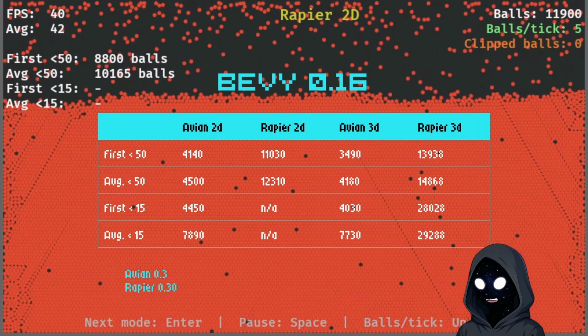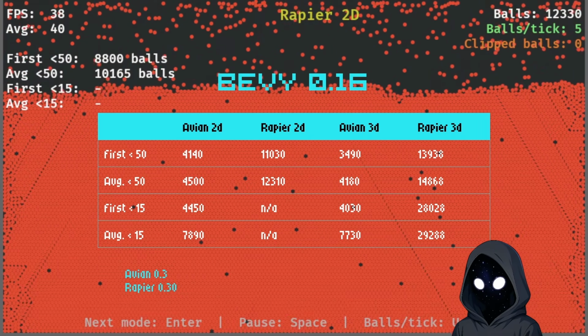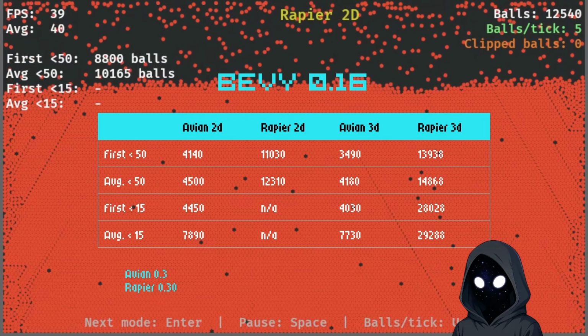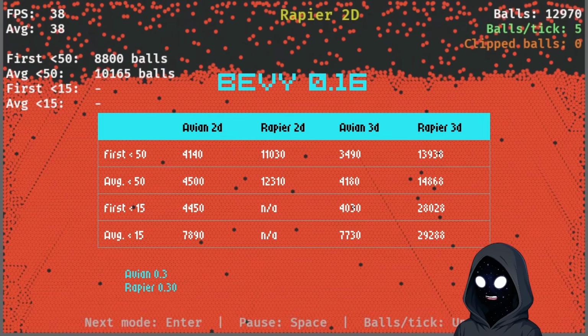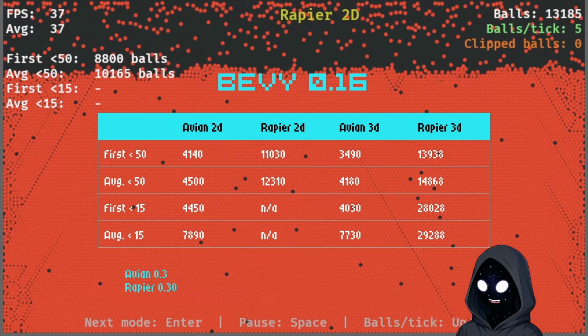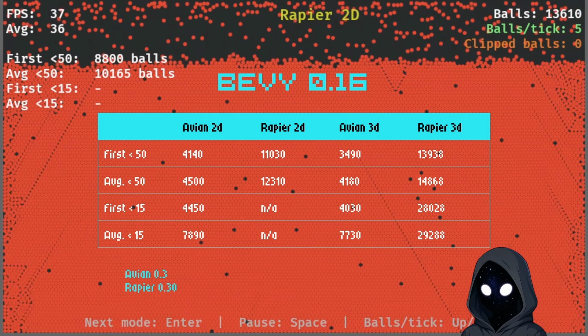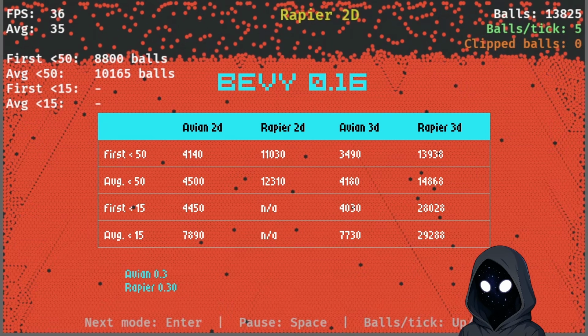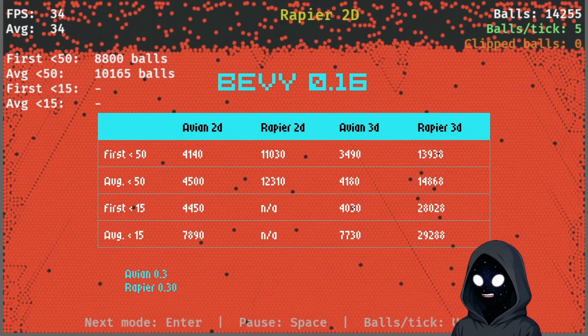In 3D, Rapier performs also extremely well, 14,000 balls until we hit below 50, 15,000 until the average is below 50, 28,000 balls until we have the first value below 15 frames per second, and 29,000 until the average goes below 15 frames per second. That's crazy good.